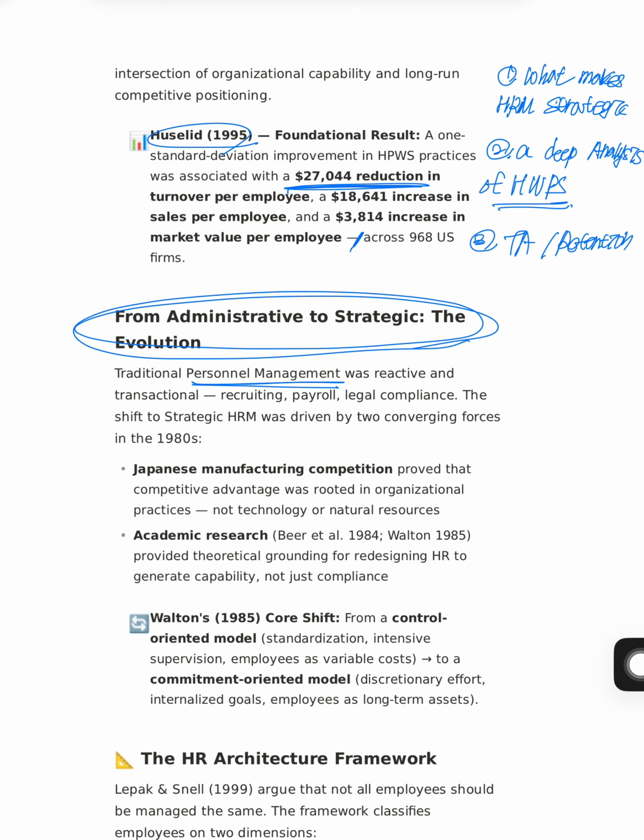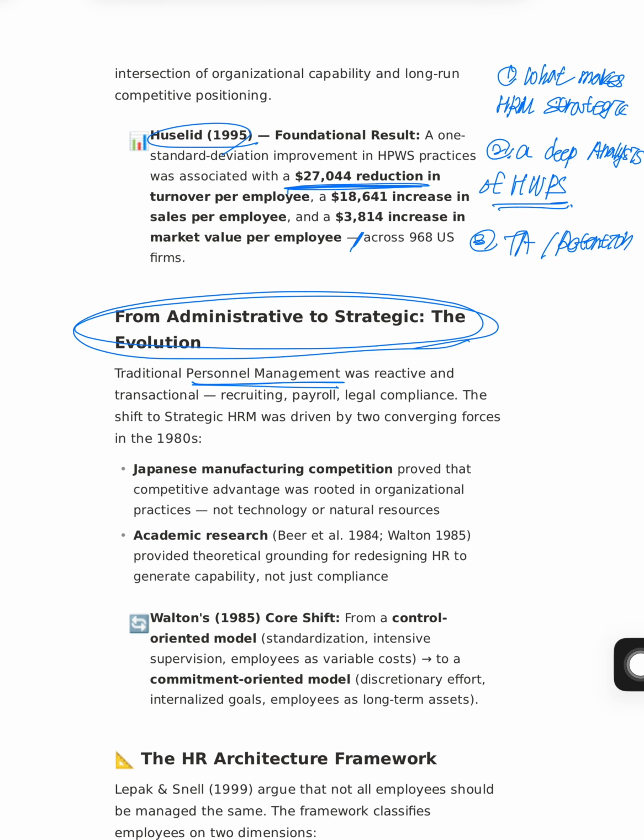Its core activities were transactional: recruiting and selecting employees, administering compensation and benefits, maintaining employment records, ensuring legal compliance with labor laws, and managing disciplinary procedures. The underlying philosophy was reactive. HR existed to solve people problems after they arose, not to anticipate and shape the human capital requirements of a competitive strategy.